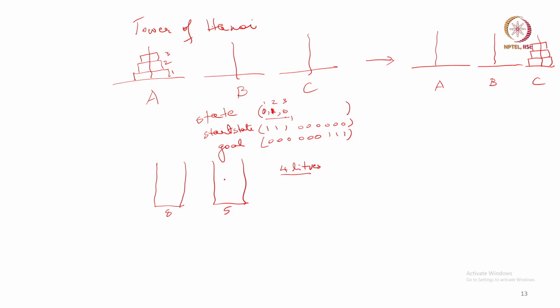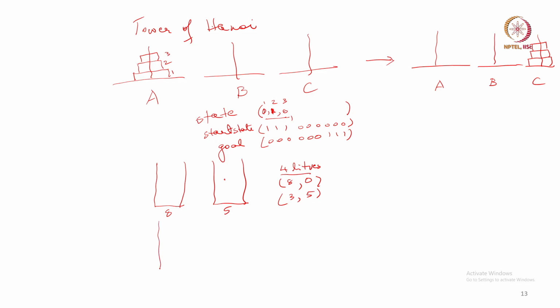Your state formulation could be a tuple which says how many liters the 8 liter jug has in it. At the beginning the 8 liter jug would have 8 liters and the 5 liter jug would have 0. If you move 5 liters into this, you would have 3 liters here and 5 liters here, etc. What you want is 4 liters. So what are the steps that you need to go about doing it?